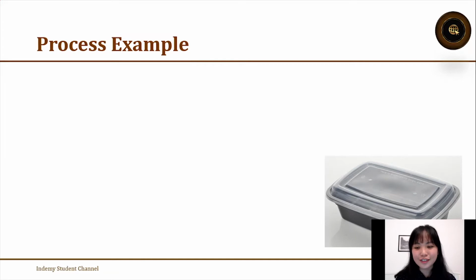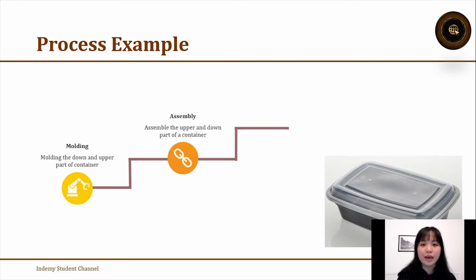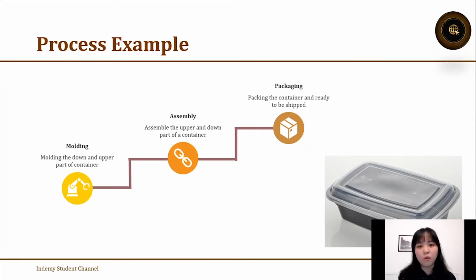In manufacturing this container box, there will be three steps, or we can say three stations. The first one is the molding process, which molds the upper and the lower part of the containers, followed by the assembly process, which assembles the upper and the lower, and the last one is packing this container box with plastics or cardboard, for example.